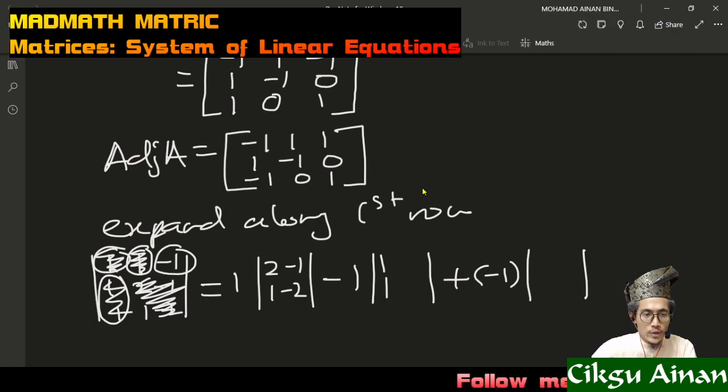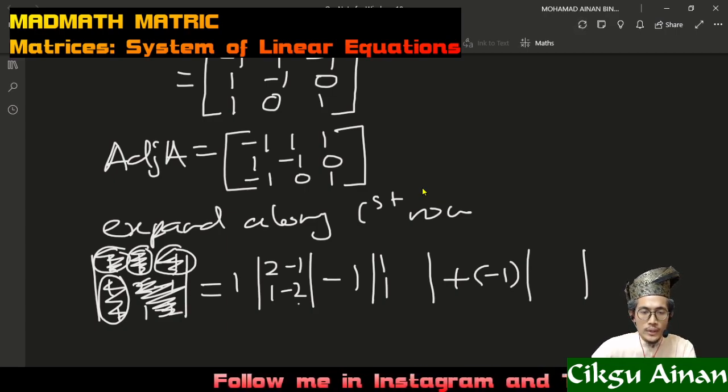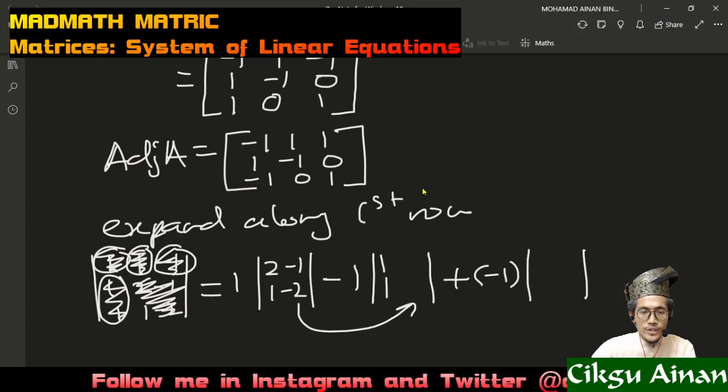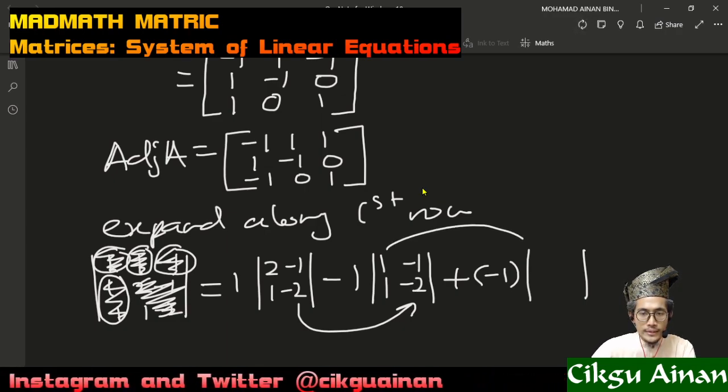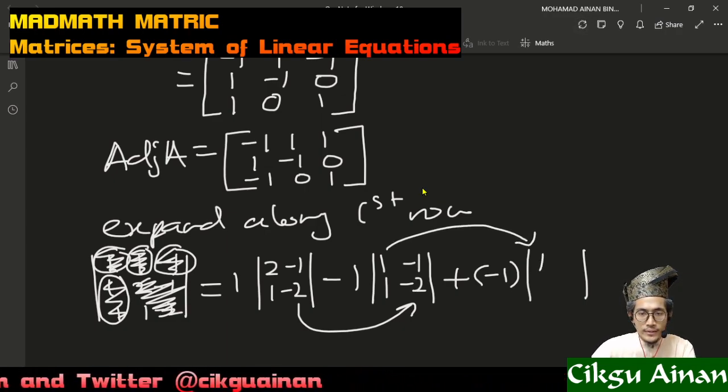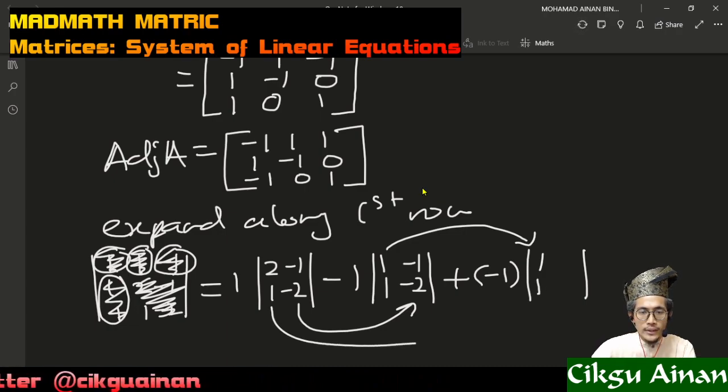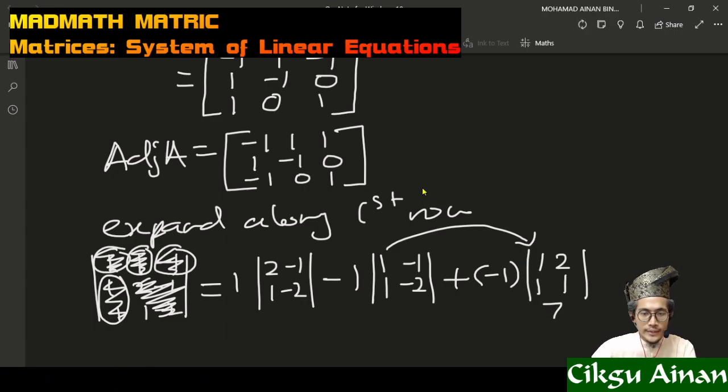How to copy paste? This one copied already. This one copied already. So no number left. So what to do? This column, we move to this column. This is the copy paste technique that I invented. So this one moves to that one. This column moves over there. Easy. Settled. No need to think anymore.